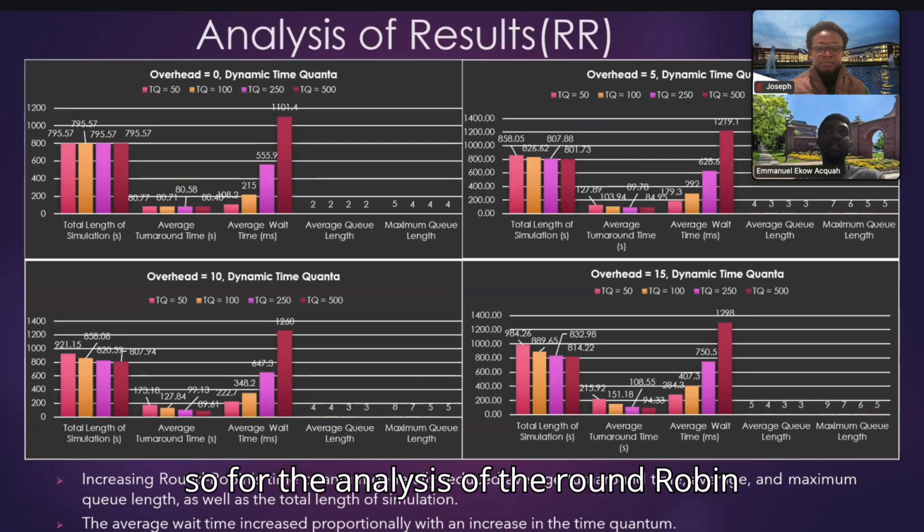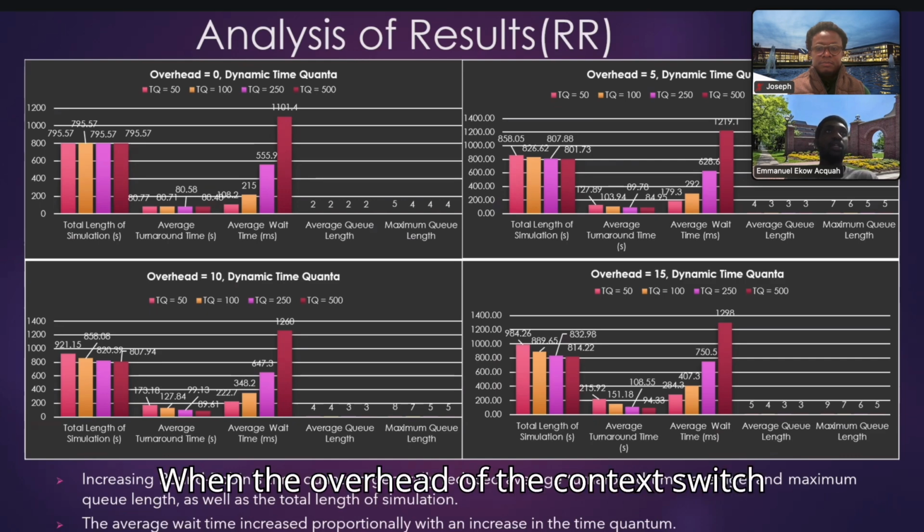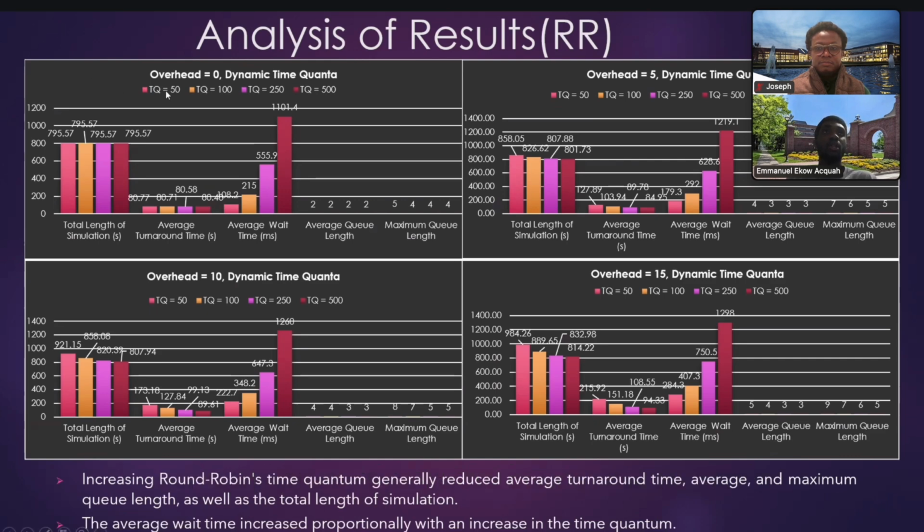So for the analysis of the round robin results, we have when the overhead at the context switch was 0, 5, 10, 15, 20, and 25.